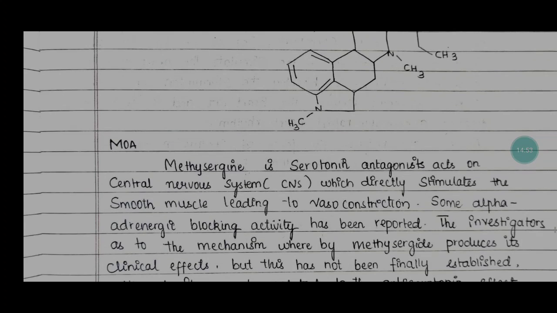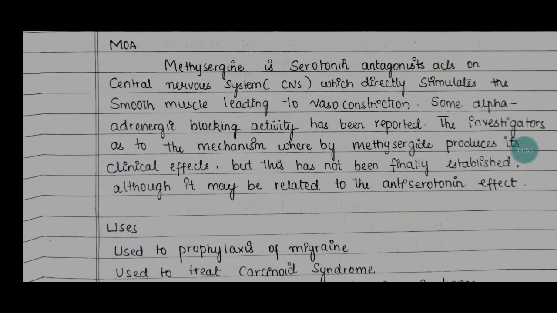where the mechanism of action: these drugs are serotonin antagonists which act on the central nervous system, which directly stimulates the smooth muscles, which leads to vasoconstriction. Some alpha adrenergic blocking activity has been reported.